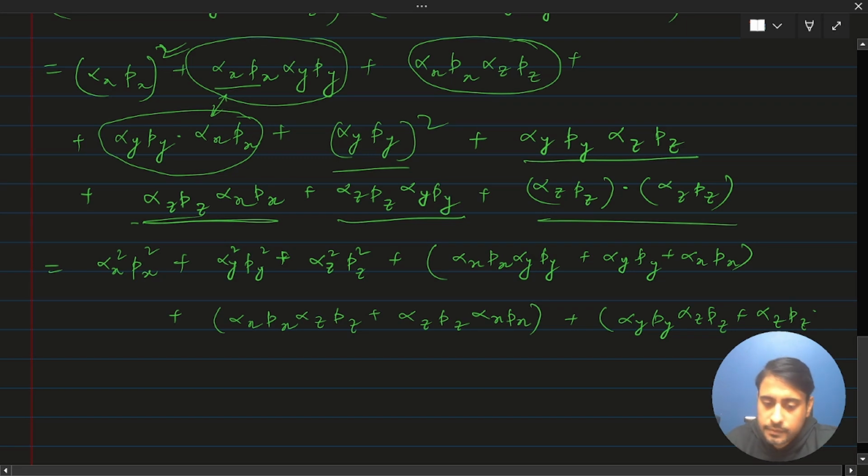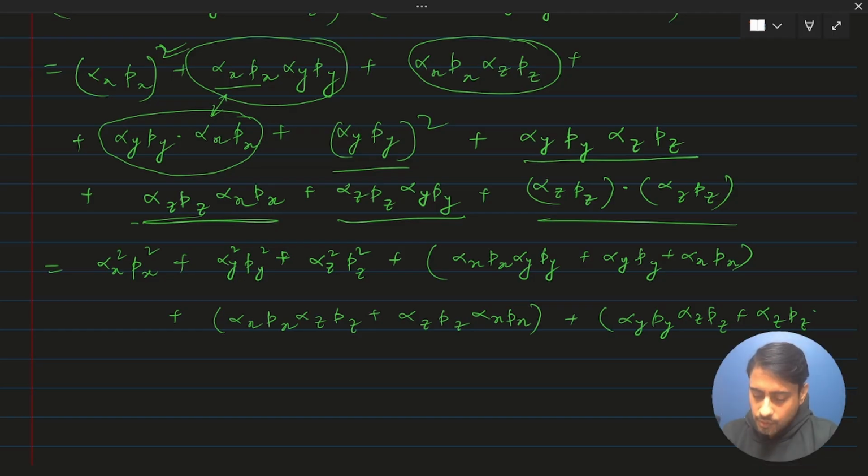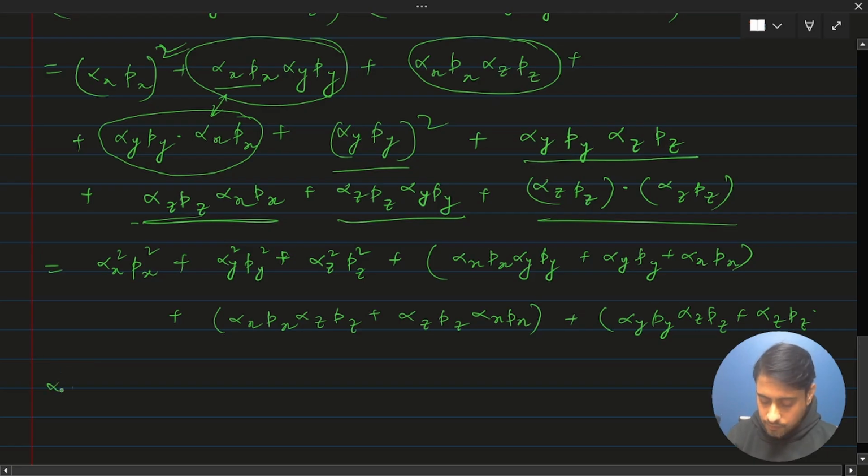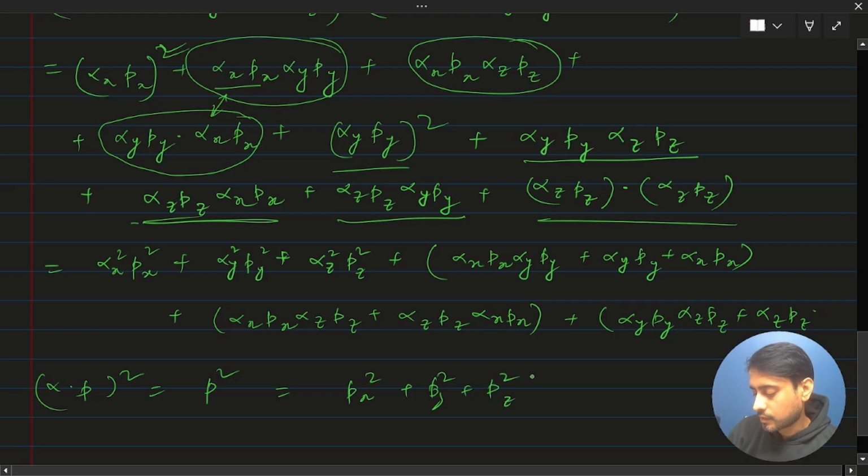So that's it. We have written all the terms. So now we know that this is going to be, because (alpha dot p) whole square equals p square, and p square can be written as px square plus py square plus pz square.